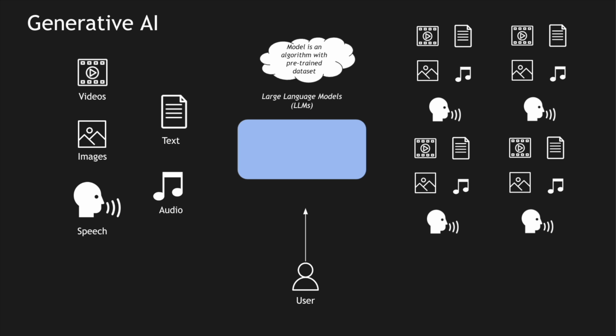So LLMs are similar to the brain, but it can do only a particular function which you have coded it with. In this particular case, I have fed all these images, videos, text, and audio to it so that it can generate some artifacts. And I am using natural language to interact with these models. And this is called generative AI.